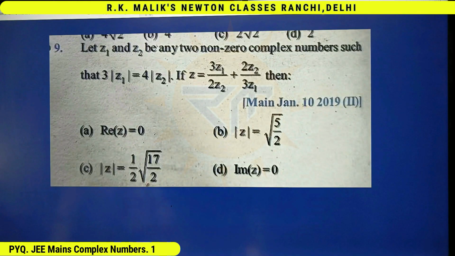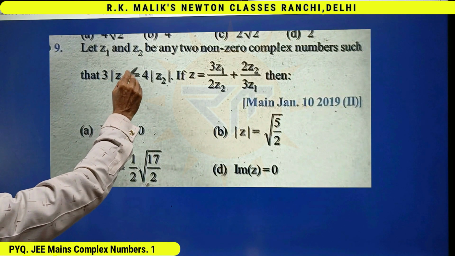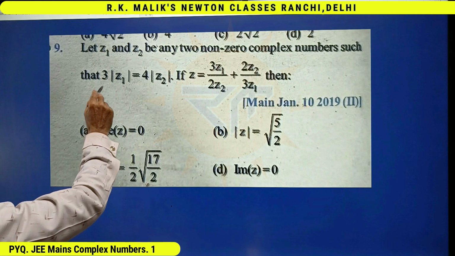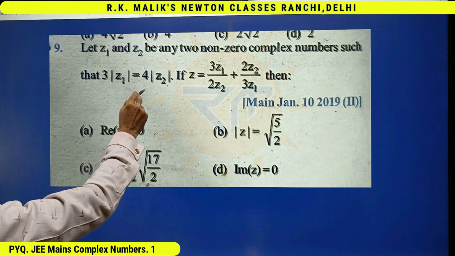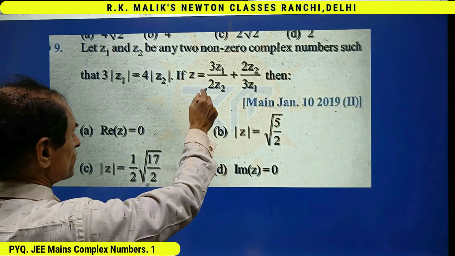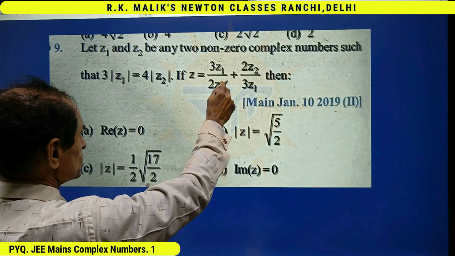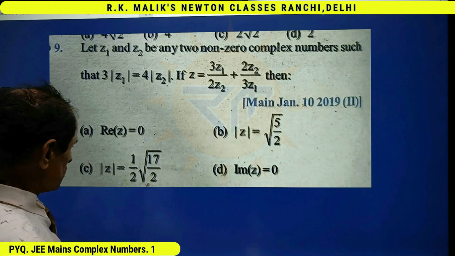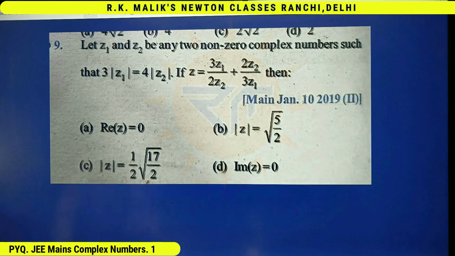In this question it is given that let z1 and z2 be any two non-zero complex numbers such that 3 times mod z1 is equal to 4 times mod z2. If z equal to 3z1 upon 2z2 plus 2z2 upon 3z1, then you have to find the correct choice.